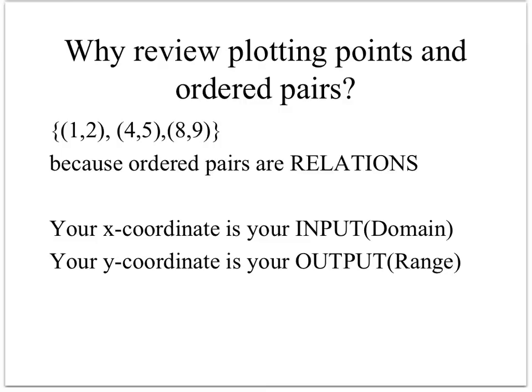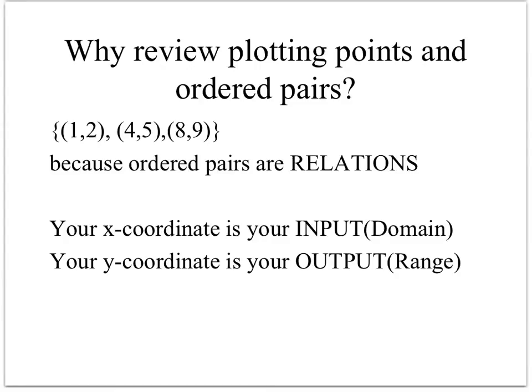So why did we review plotting points in ordered pairs and the quadrants? Well, because a simple definition of relations is ordered pairs. Remember, we're talking about input and output when we were looking at functions.